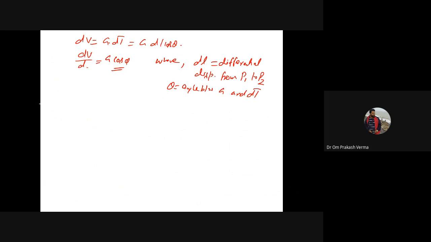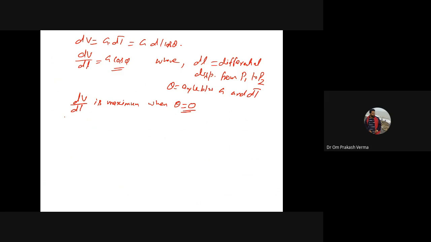So now the question is, when is dV by dl maximum? dV by dl is maximum when the angle between G and dl is 0, when theta is equal to 0. Yes or no? It means G and dl are collinear, both lying in the same direction.